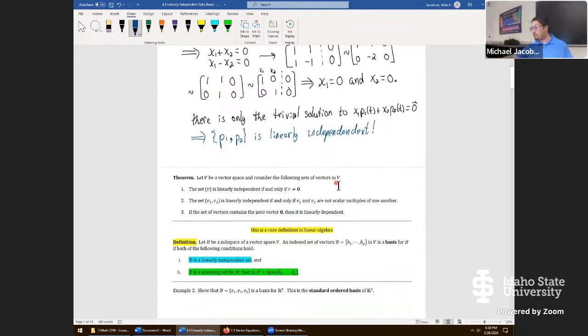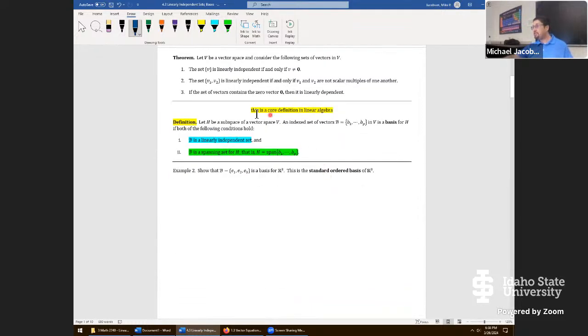When we come back, we'll take a look at the major definition. This is probably one of the more important definitions aside from spanning, because we're about ready to define what we mean by a basis. A basis for a vector space is going to be the minimal set that generates every single vector in that vector space.